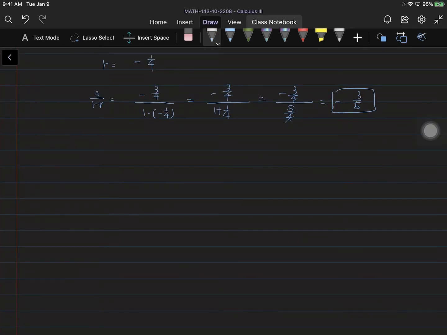Next, we will look at the telescoping series and what's the sum of that kind of series. Example 3. Find the sum of the telescoping series.